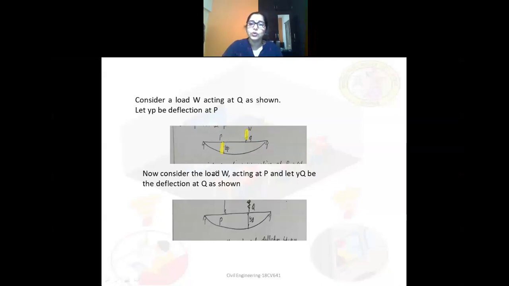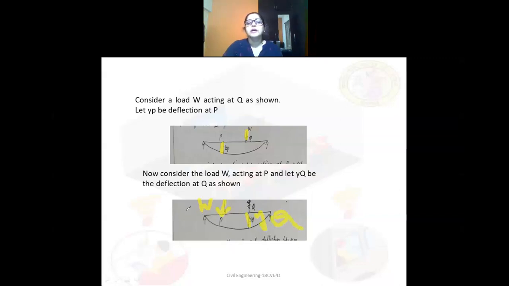Now consider the same load W, instead of acting at Q, acting at P. Due to this load W at P, what is the deflection happening at Q? Here, the deflection is YQ.